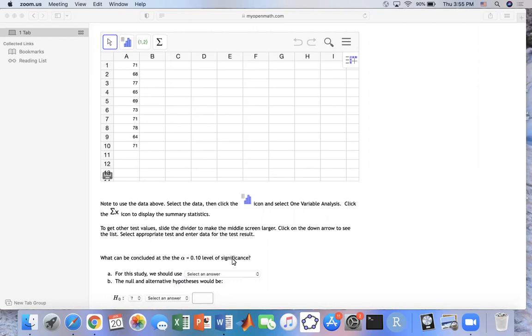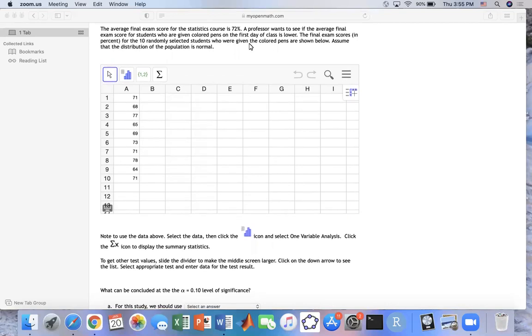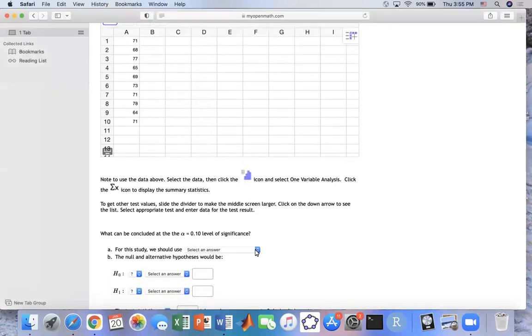For this study, the data is given right here, and they didn't give us the population standard deviation. Therefore, we have to use the t-test for the population mean.